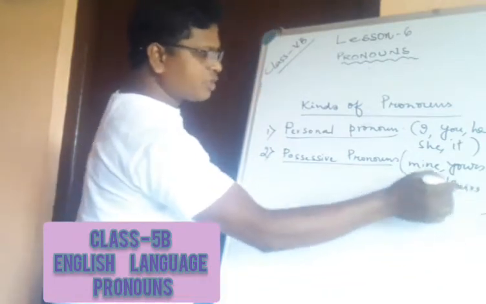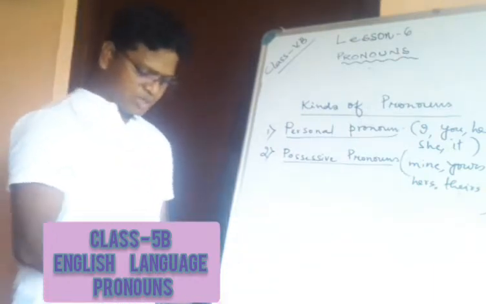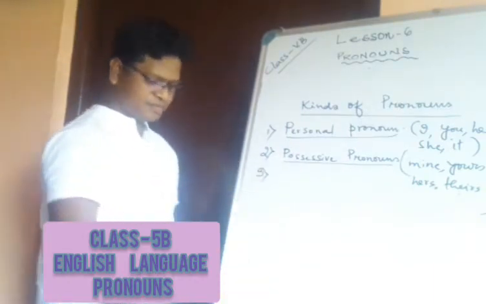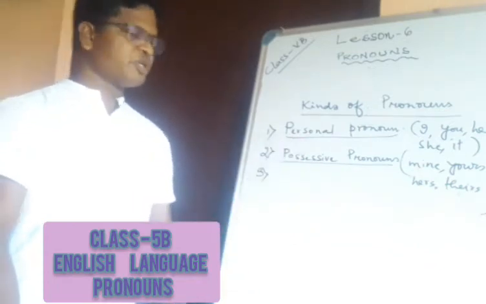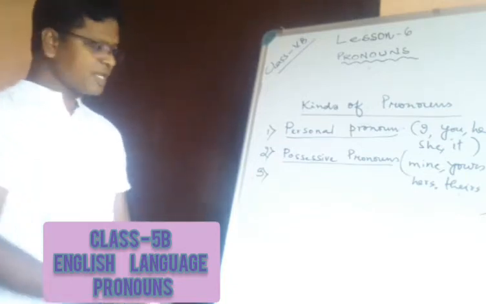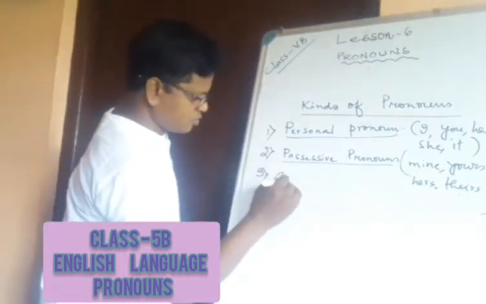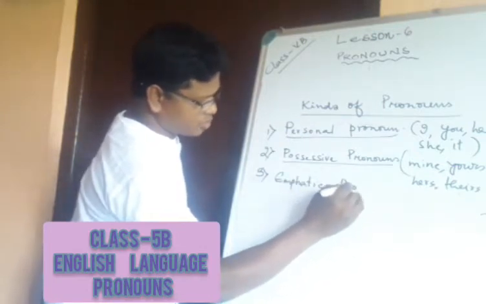So all these are a few examples of possessive pronouns. Let's write the next one. I hope possessive pronouns and personal pronouns are understood. We'll see the next, emphatic pronouns.